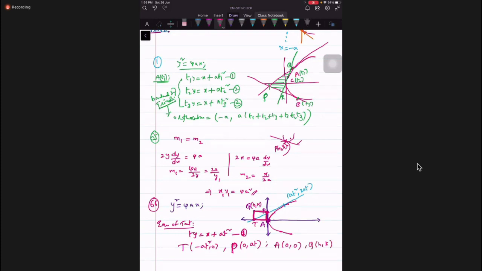So QT is equal to TA, and QP is equal to A. By this we can get the relationship.